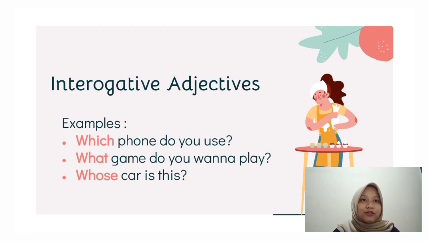The interrogative word here is what, and it is followed by the word game as a noun. And the last one is, whose car is this? The interrogative adjective here is whose, and the following noun is car.